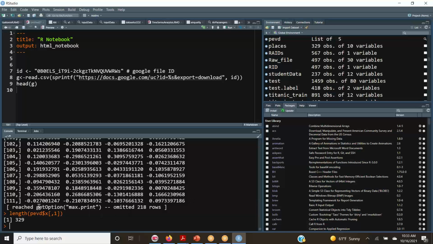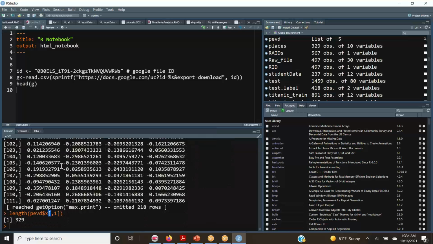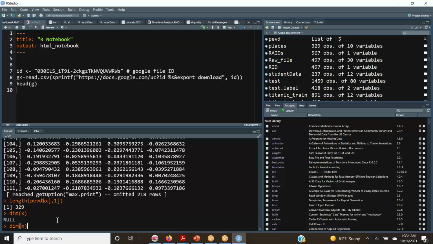So what it means is these are the vectors in the projected space. X refers to how these points are reflected in the transformed space, in the eigen space. That's why it's called a score. So there are 9 dimensions, right? So if you look at the dimension of X, let's see.